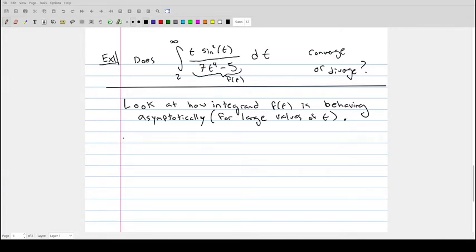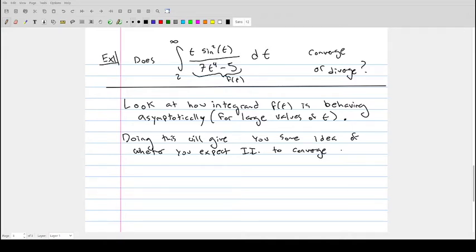Doing this will give you some idea of whether to expect it to converge or to diverge.